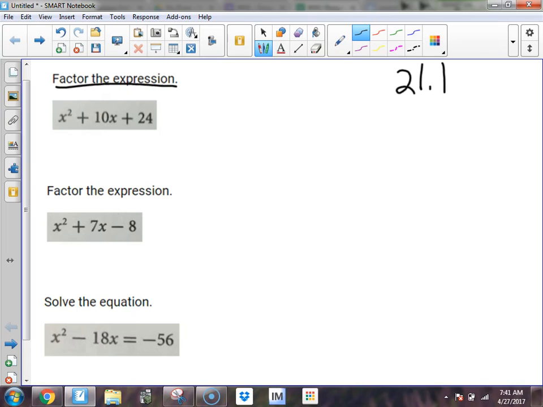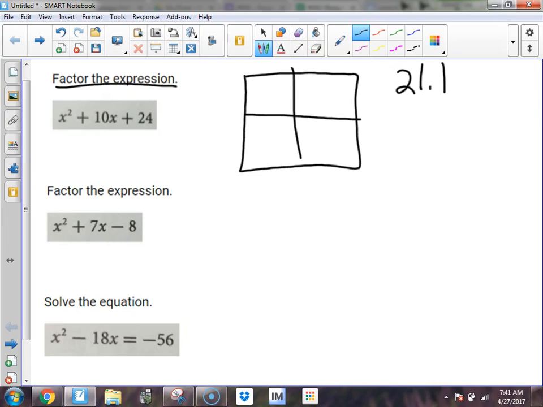All right, for the first problem, I want you to make a box. And this is what you're going to do. That first term in that polynomial expression, this x squared, gets put right there, top left-hand corner.